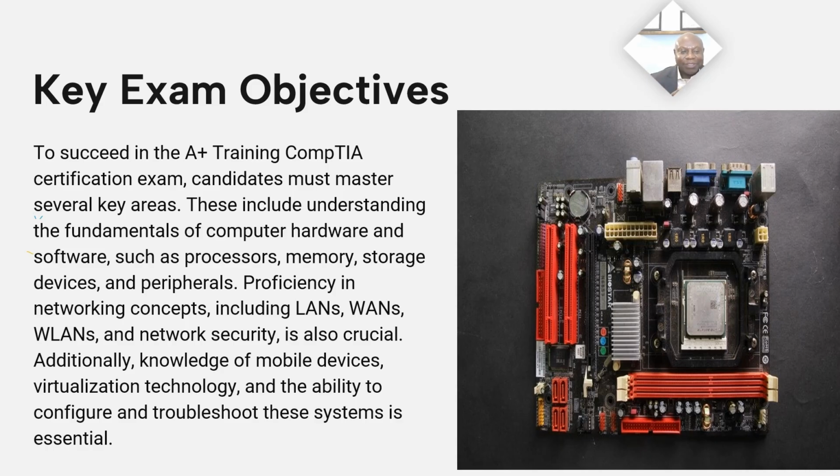I always mess that up. Proficiency in network concepts, including LANs, WANs, and network security, is also crucial. Additionally, knowledge of mobile devices, virtualization technology, and the ability to configure and troubleshoot these systems is essential.